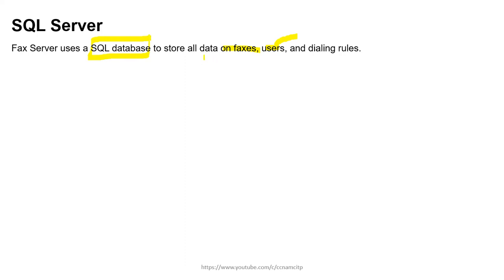And all faxes will also be stored on the SQL database. Whatever rule you are creating, whatever permission you are applying, whatever information you are storing about a user, that will be stored on the SQL database. That is why SQL Server is required.